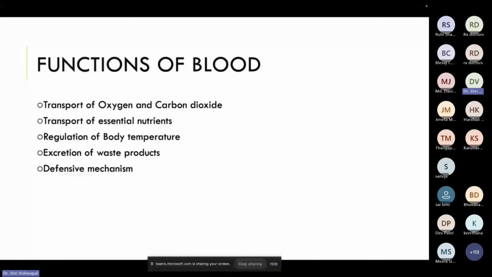This is a very complex mechanism. The next one is clotting, which is very important. From our childhood, we would have been playing outside, and if we get any kind of bleed, the platelets come into action with the clotting factors, and it helps in clotting.